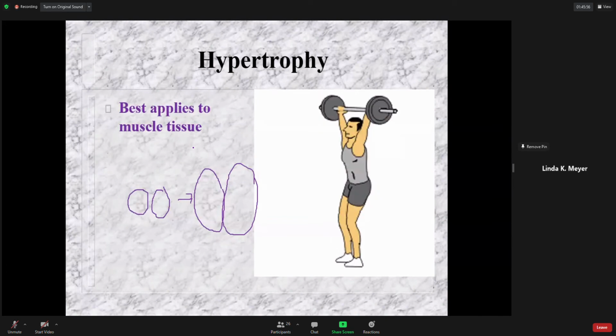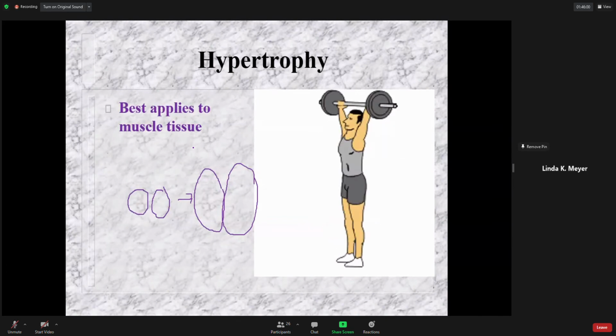And this best applies to muscle tissue. It can be skeletal muscle. So weightlifting leads to hypertrophy of our skeletal muscles. But it also can include cardiac and smooth muscles as well.